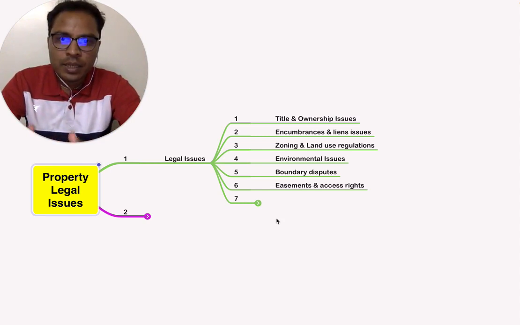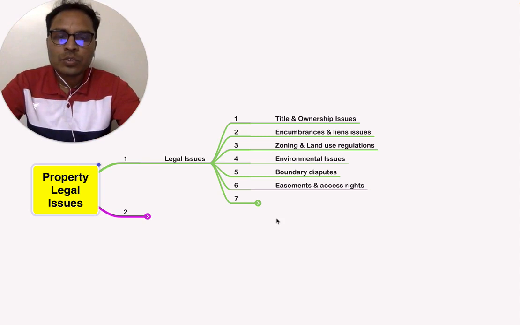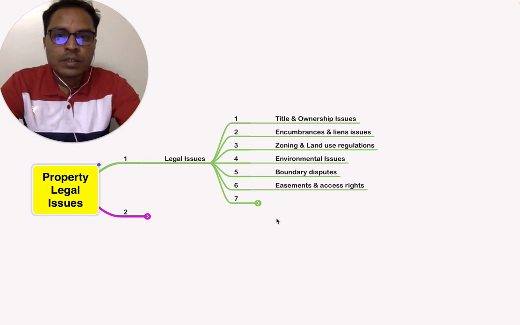Suppose the property owner who is inside has to go from the first property to the second property. There should be some road connectivity. So property B may not have road access to the second property. That kind of issue arises in the sixth.